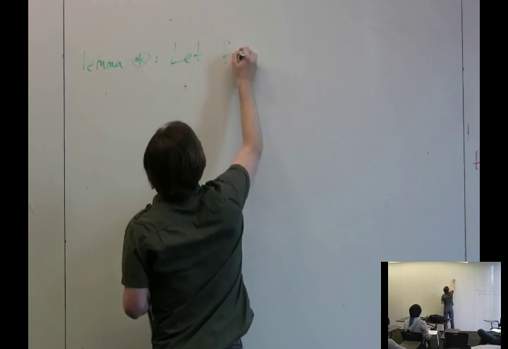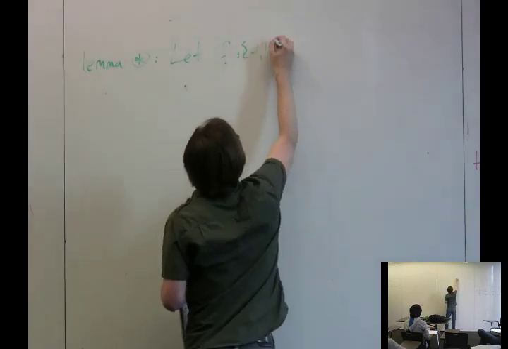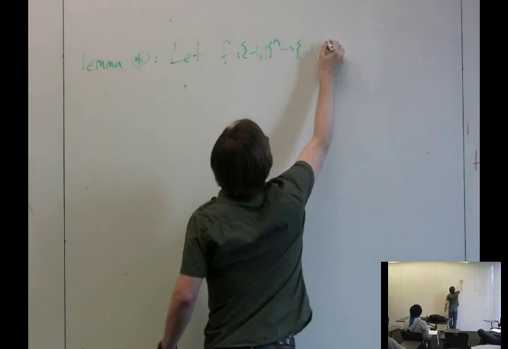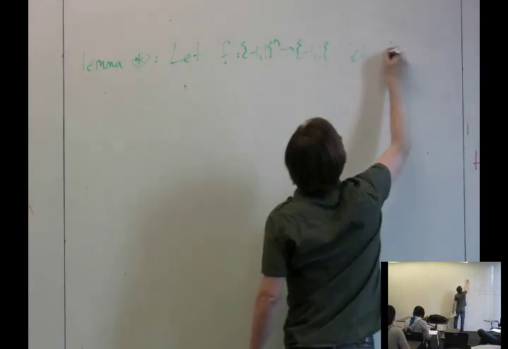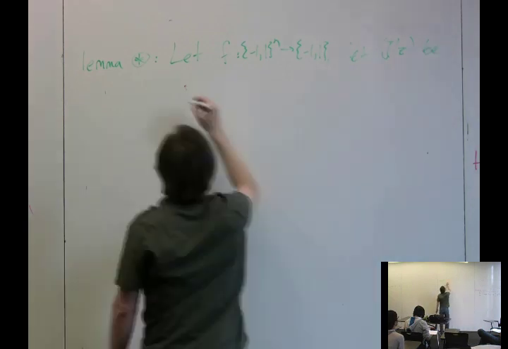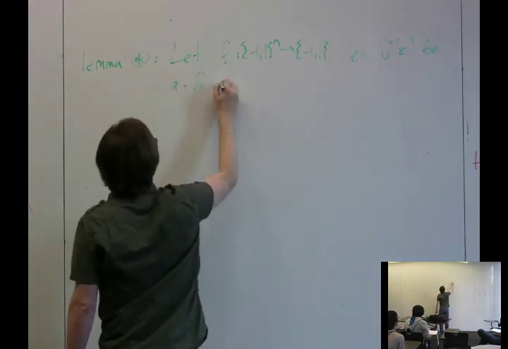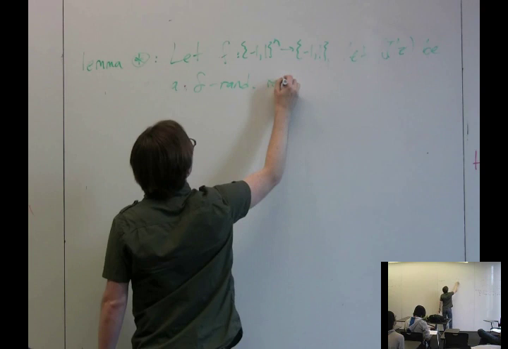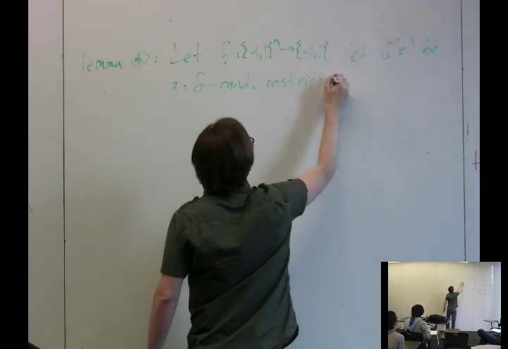So let f be a Boolean function, and let (J, Z) be a delta-random restriction.